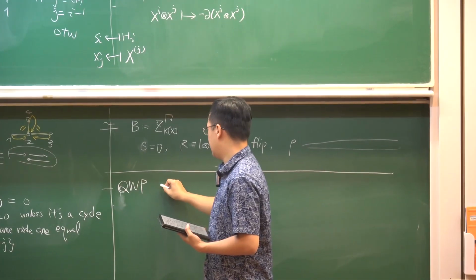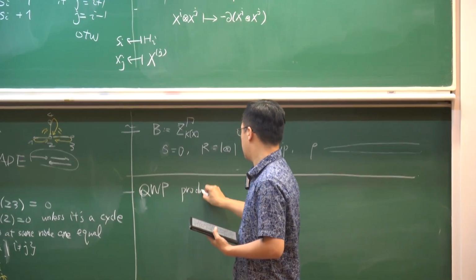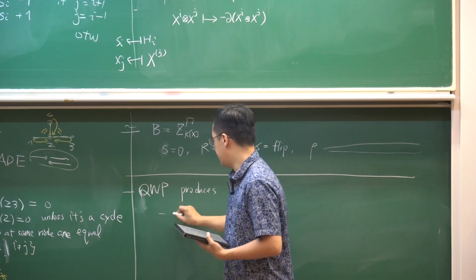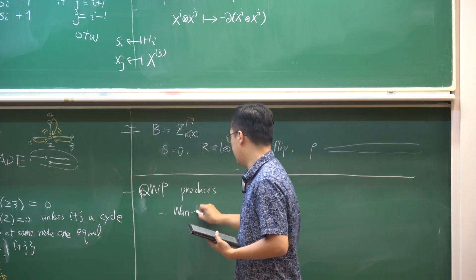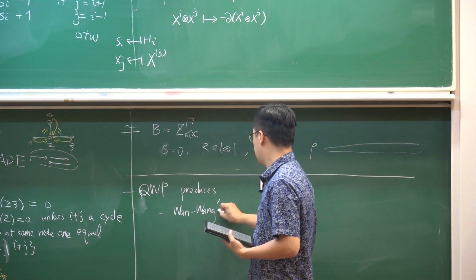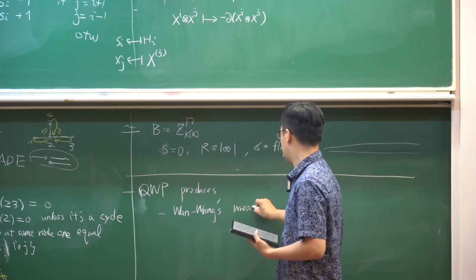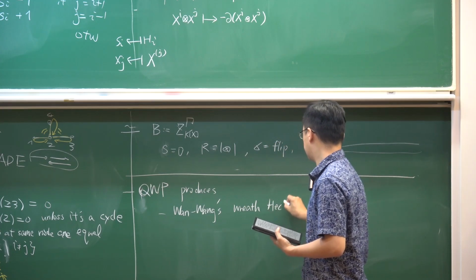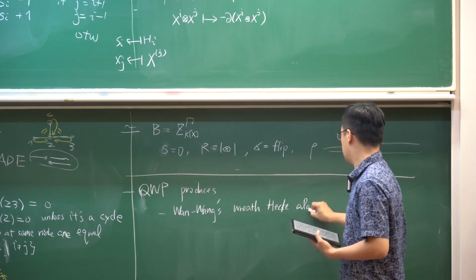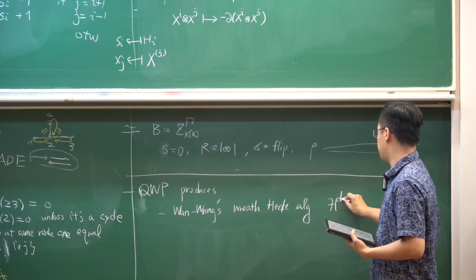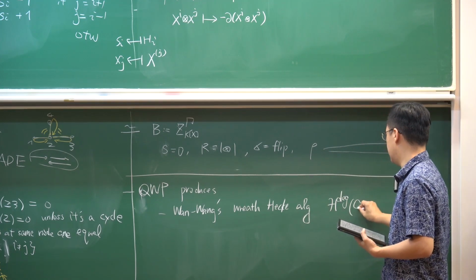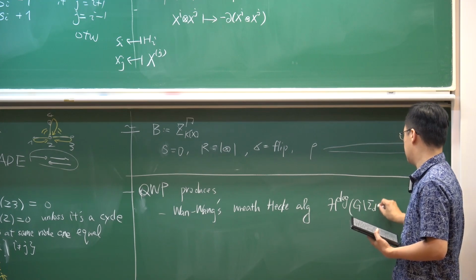Quantum wreath product produces, say, Jinghui Wei-Chang's wreath Hecke algebra. That's the degenerate Hecke algebra for the wreath product.